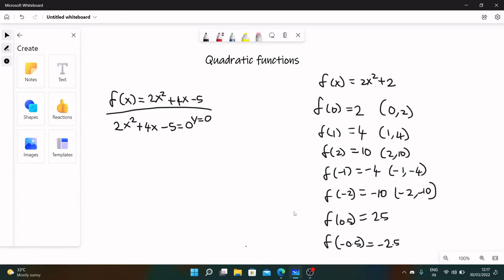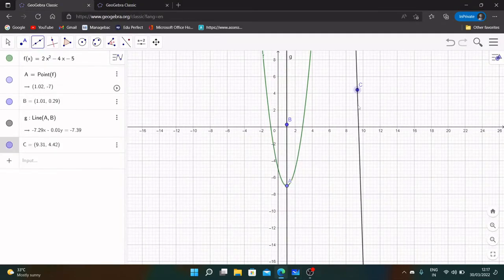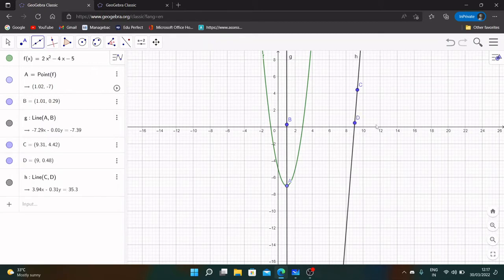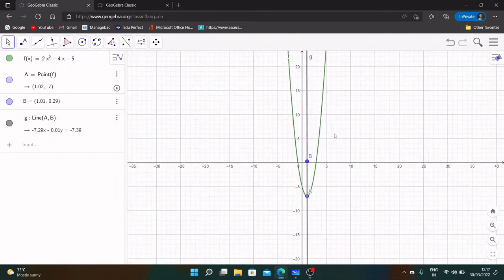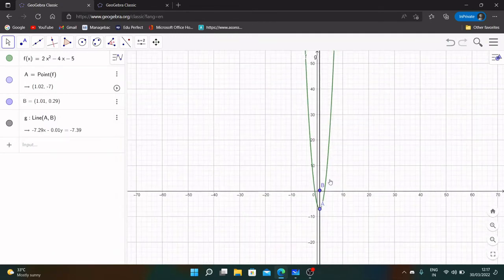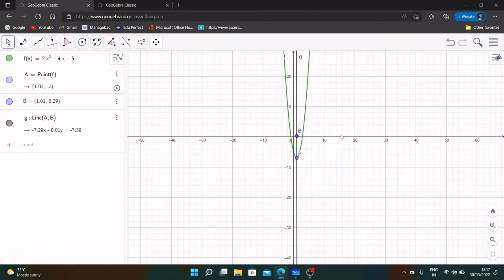A parabola can open downwards too. By that, I mean, if you look at this parabola, you can see that it's continuously opening upwards. It just keeps growing upwards. But a parabola can grow downwards too.